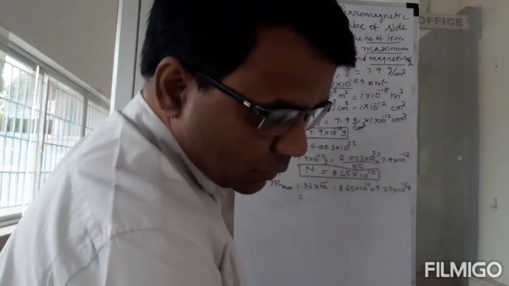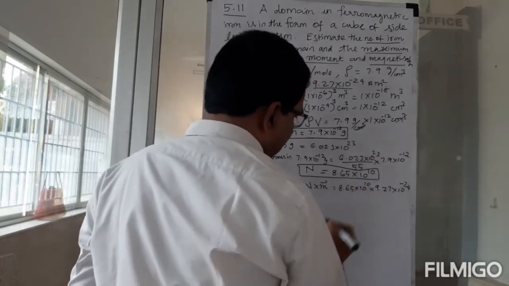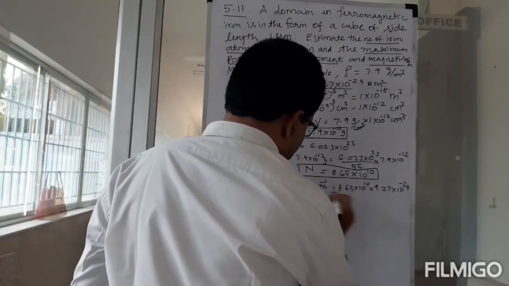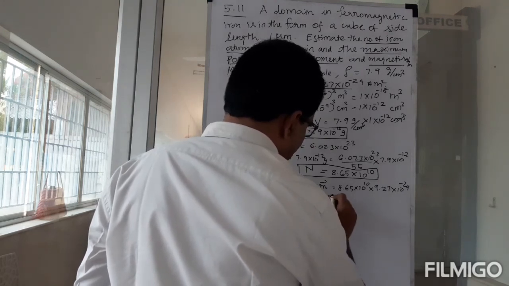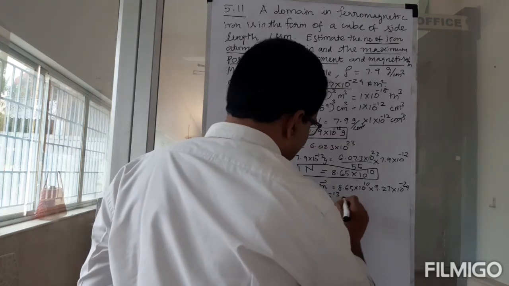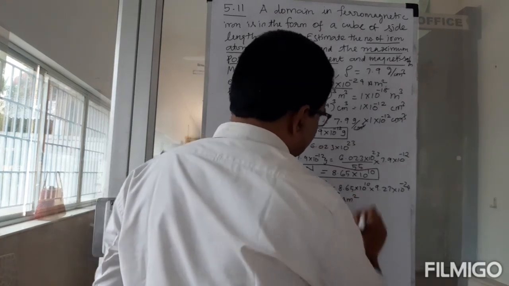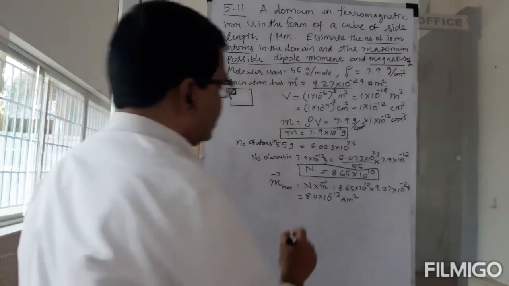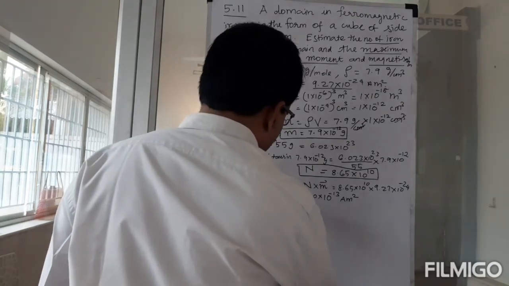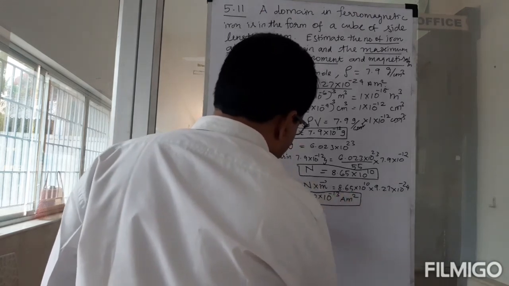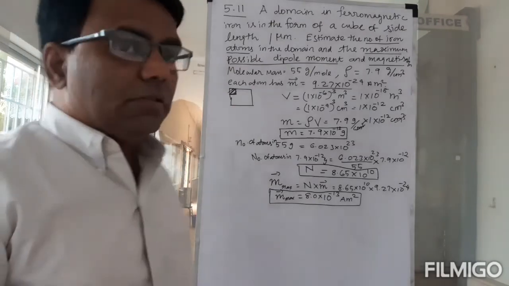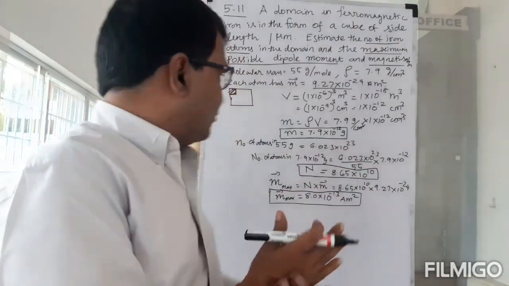So this is going to give me 8.0 into 10 power minus 13 ampere meter squared. So this is the maximum dipole moment for that domain.